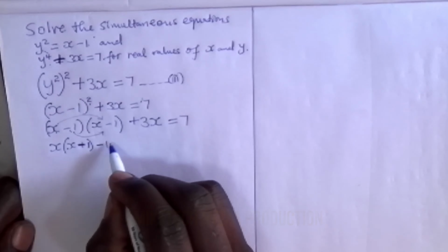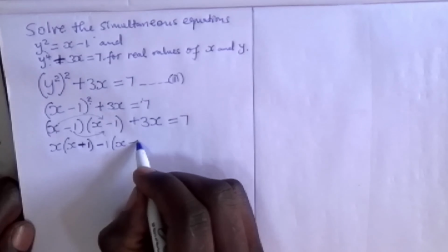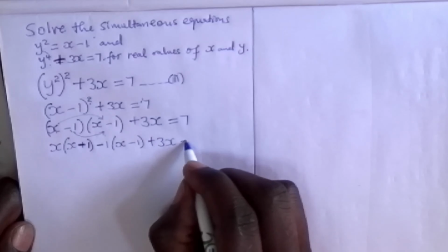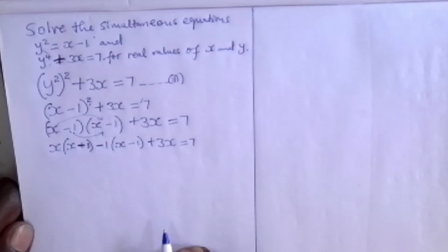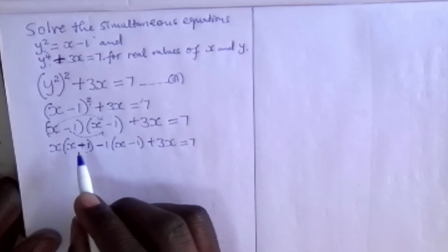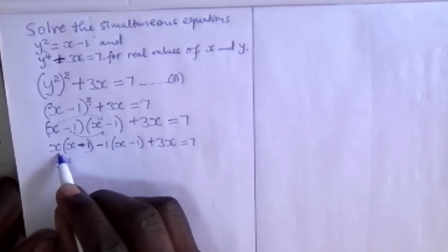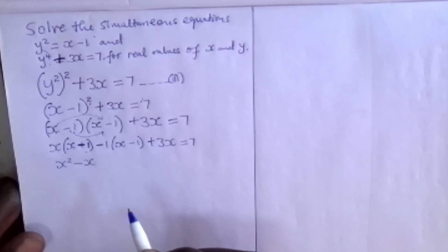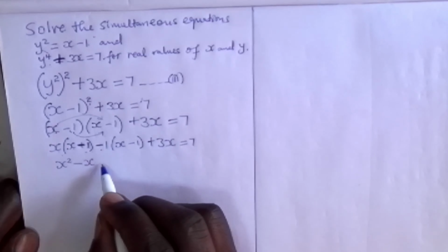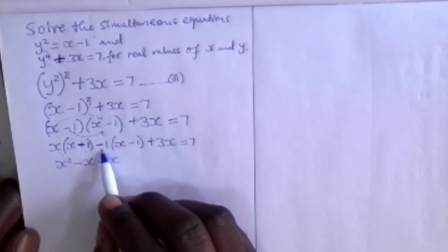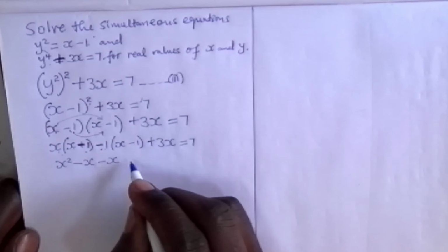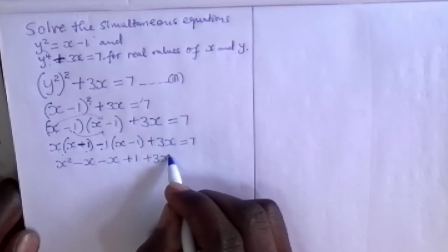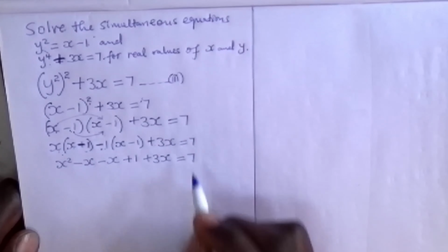Opening the bracket, we get x squared, then x times minus 1 gives minus x, minus 1 times x gives minus x, and minus 1 times minus 1 gives plus 1. Then we have plus 3x equal to 7.